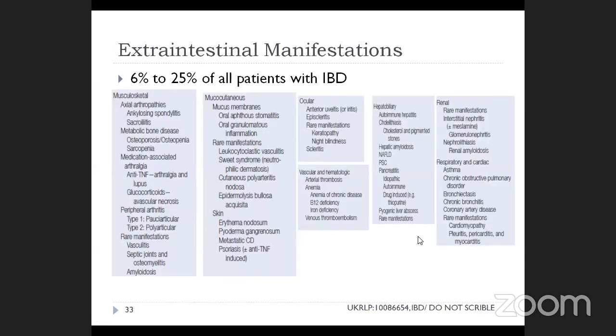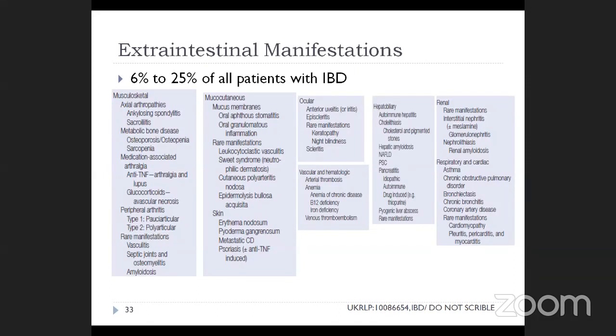So this is a consolidated slide for extra-intestinal manifestations of inflammatory bowel diseases. 6% to 25% of patients with inflammatory bowel disease express at least one form of extra-intestinal manifestation.